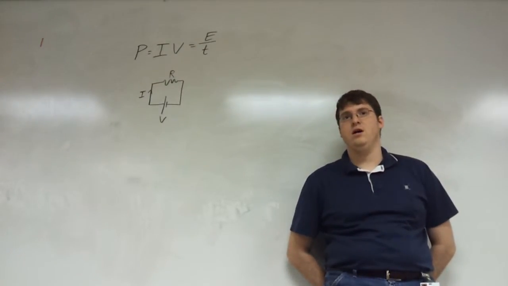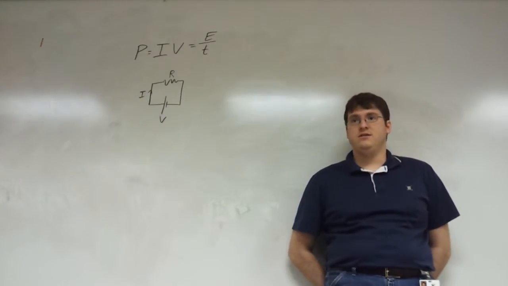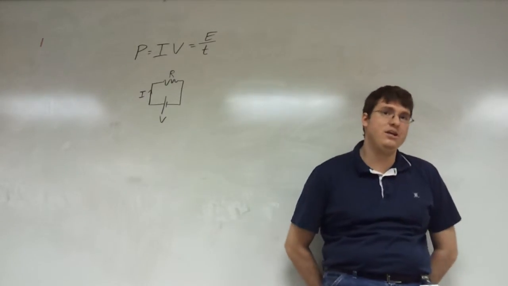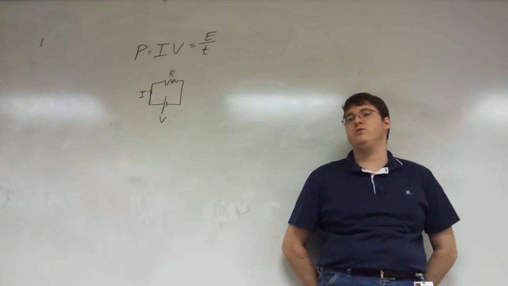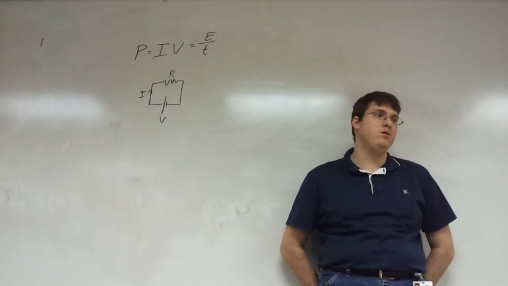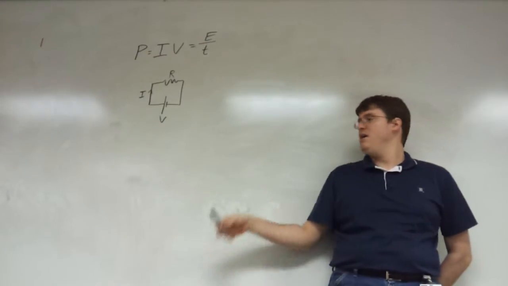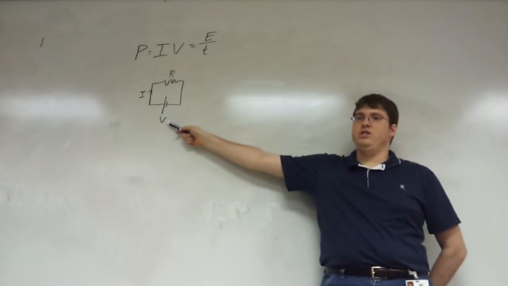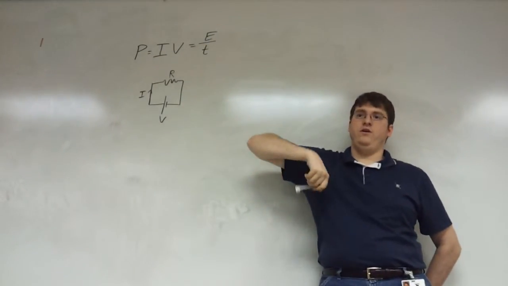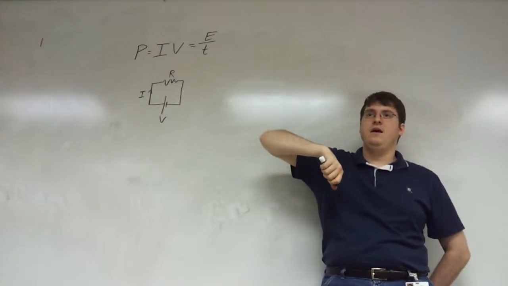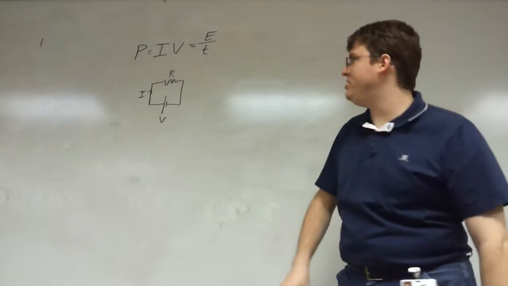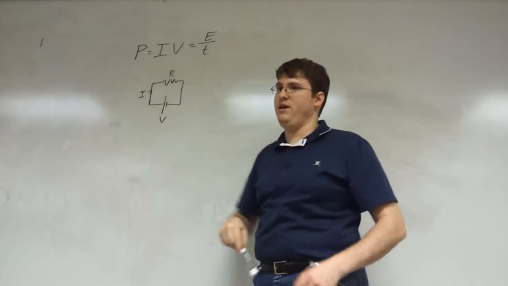Then what does it go to? Light, or whatever the resistor does. Sometimes it's a heater. This could be a motor, so it's going to mechanical energy. It could be a light bulb going to light energy. Whatever the resistor does, it goes from electrical energy to that sort of energy. Now, the rate at which it uses energy is given by this equation right here.